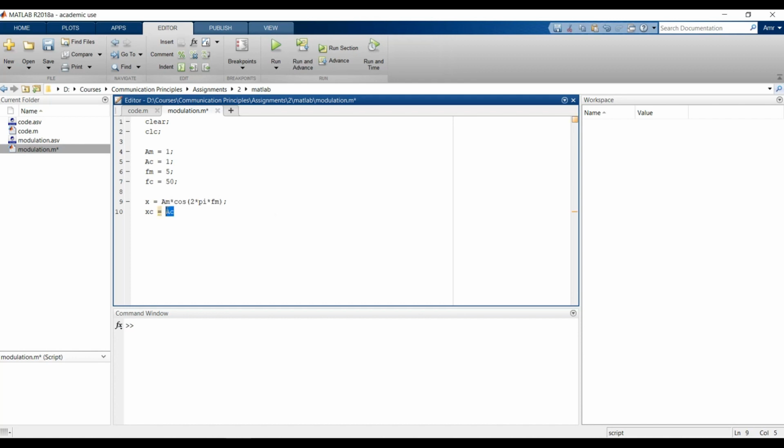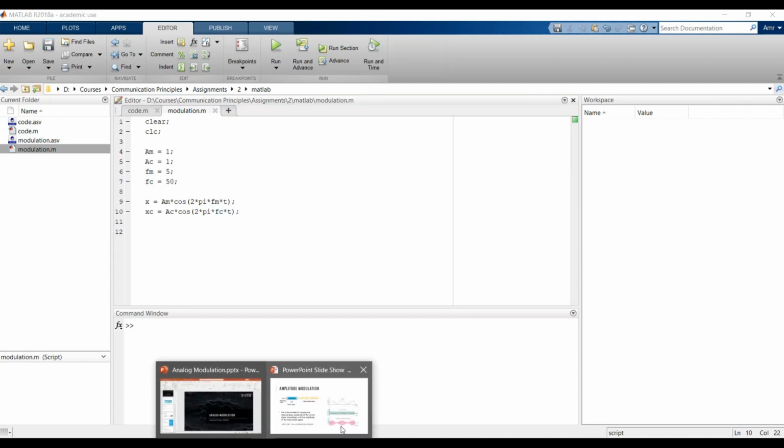So we can just copy it. Where we have the amplitude of the carrier signal and the carrier frequency. We can then plot them together, but don't forget that this is only the frequency. This frequency has to be multiplied by time, by t, as in the equation here.